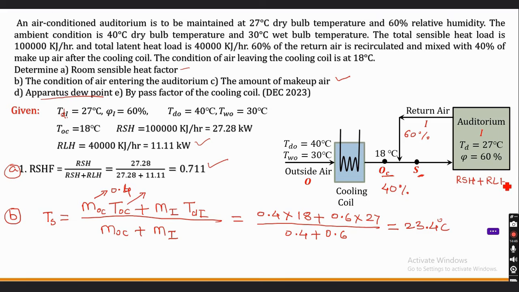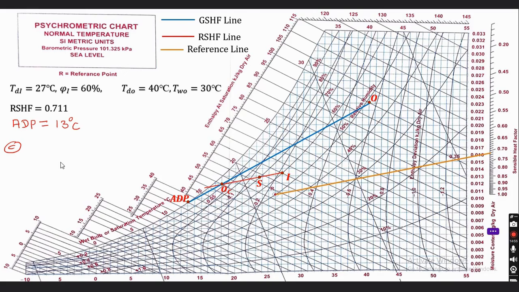So this much heat the supply air has to handle, right or not? So we can say that room sensible heat plus room latent heat is equal to mass of supply air times the enthalpy change of supply air. What is the supply air enthalpy and what is the enthalpy inside the room? Okay, so we can write it like this.